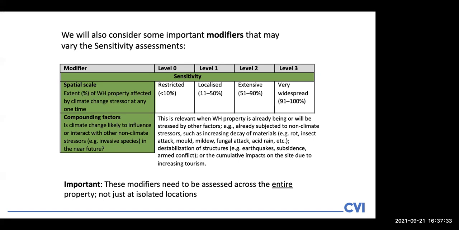And it could be cumulative impacts due to other factors such as tourism. So for these compounding factors, we like to suggest that you think of this as what are the non-climate factors that together with climate change influences would become worse. Again, as I stated, the modifiers and the assessment for sensitivity need to be considered across the entire property.